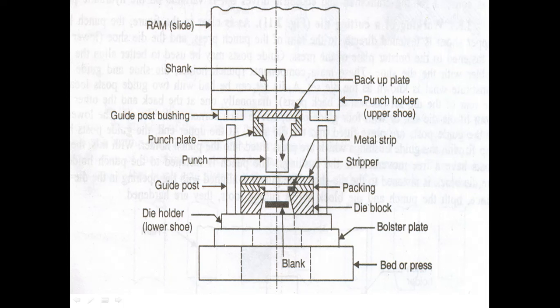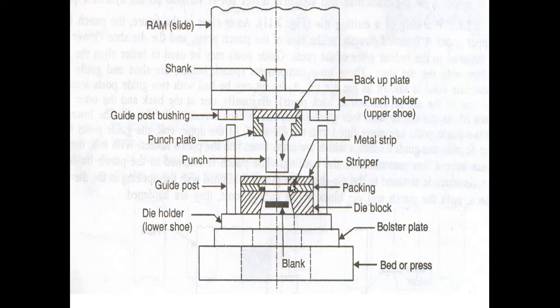Whereas to the bed of the press, the bolster plate is fixed. To the bolster plate, the die holder or lower shoe is fixed. And to the die holder or lower shoe, the die block, stripper plate, and front gauge and back gauge, that is packings, are to be fixed.